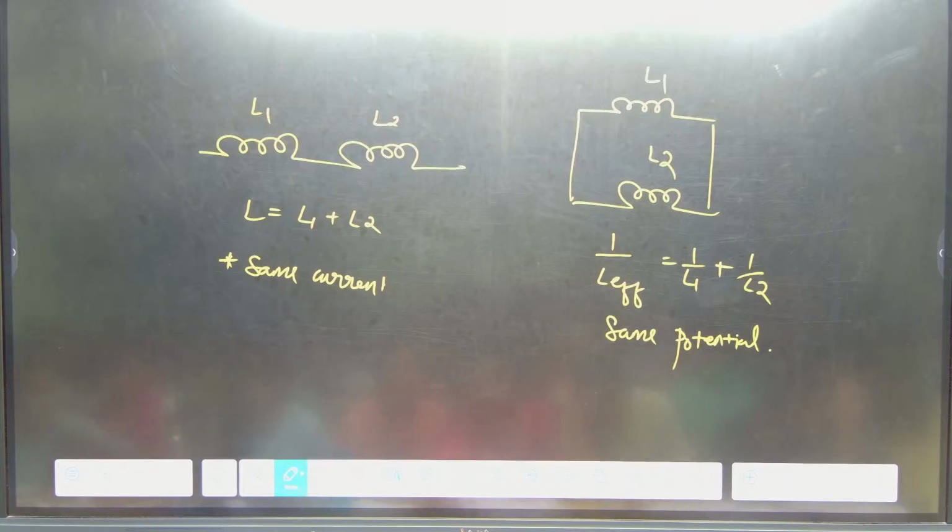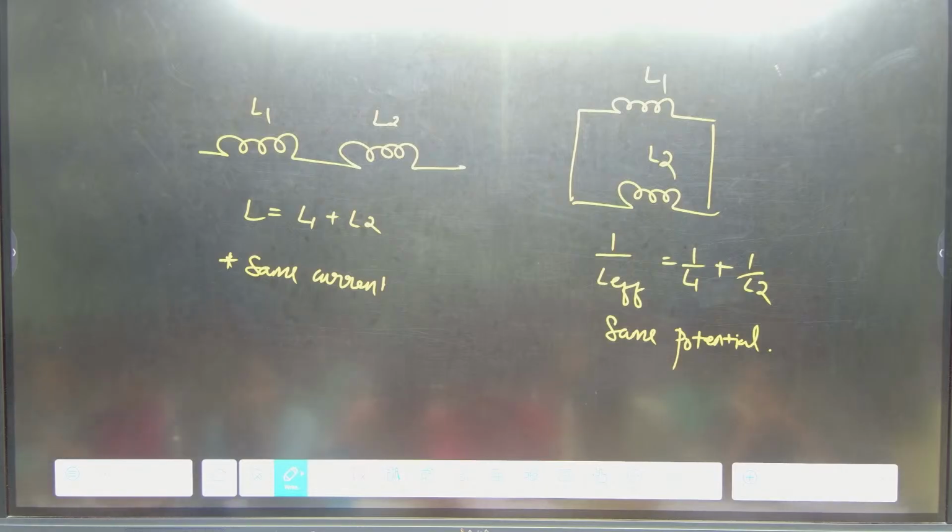Write down the relation between self inductance and the mutual inductance. So when I talk about the inductance I have connected here, obviously one will be connected with the other one.